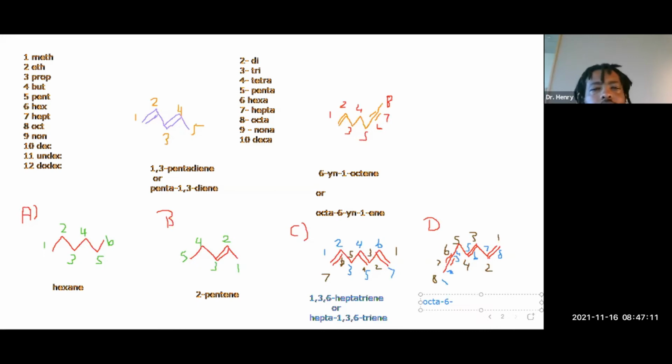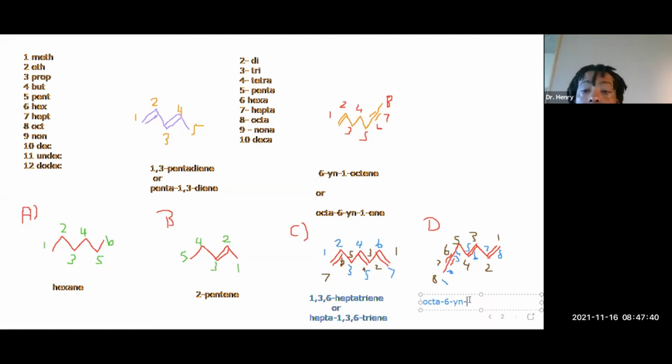No, not try. Not pro. Remember, it's kind of like a suffix too, but we only use it when there's triple bonds. So it's not the YNE, it's just the YN. Because remember, we dropped the E, so then we make it a prefix.